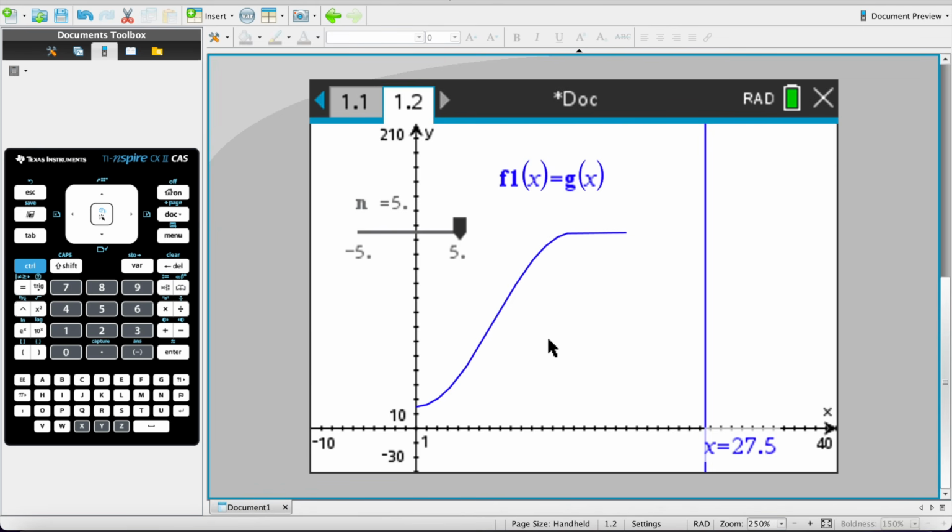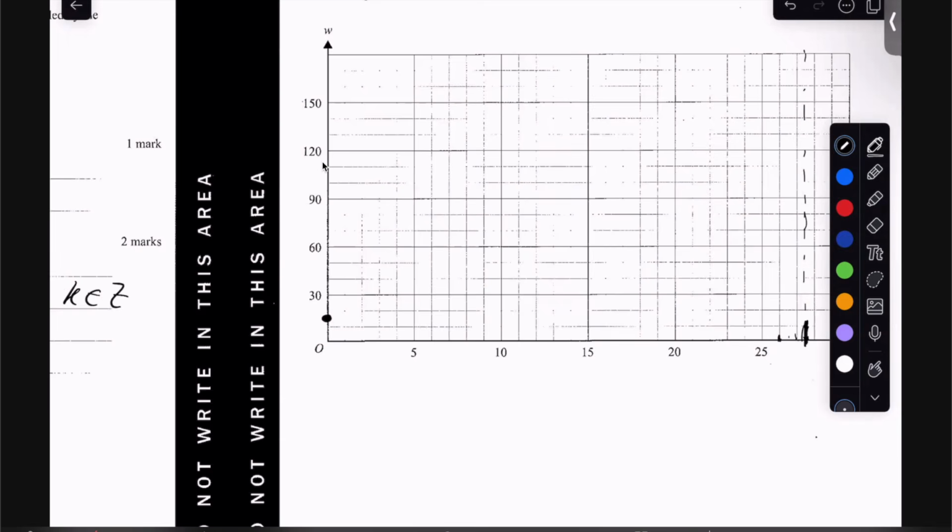So if you just draw, this goes up to 135 and that's at 15. So 135 is, that's 120, 130, 140, so that's about there. And at 15, that's when it starts to go straight till 20.